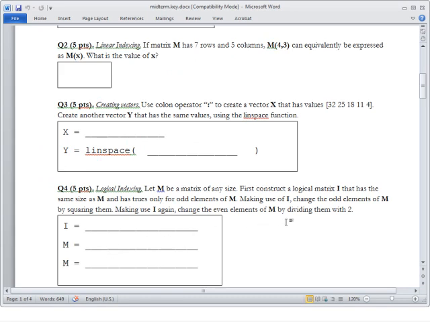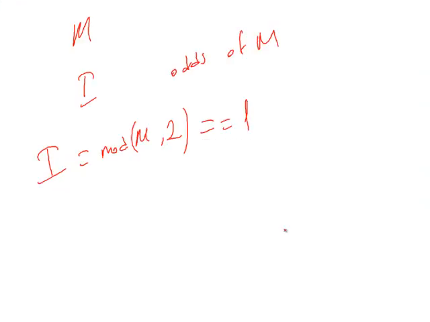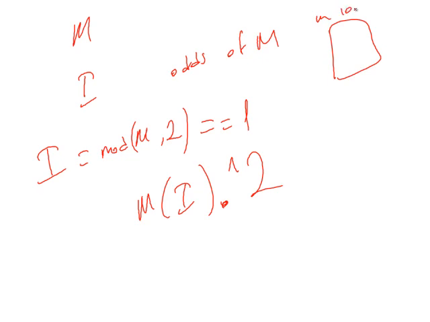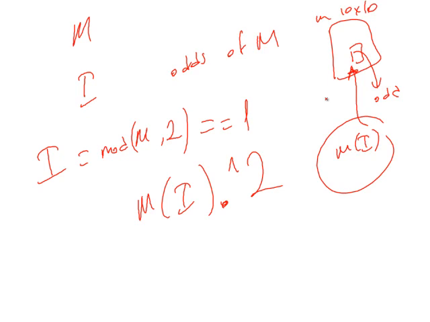And the next one is asking you to, using this I, change the odd elements of M by squaring them. So you would just do M(I).^2. What this would generate is a new matrix that contains only the odd elements of M. So if your original matrix is 10 by 10, but only one element is odd, then M(I) will only refer to this odd element.